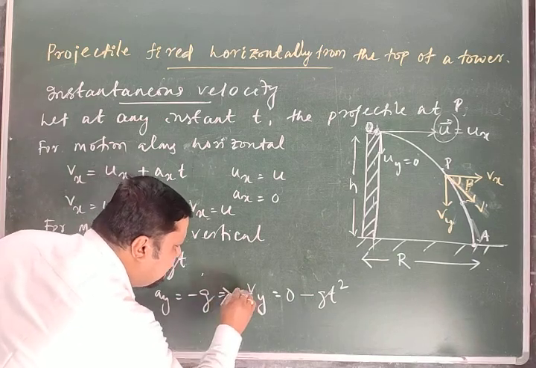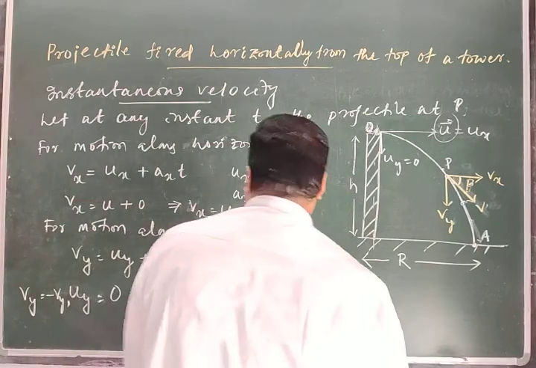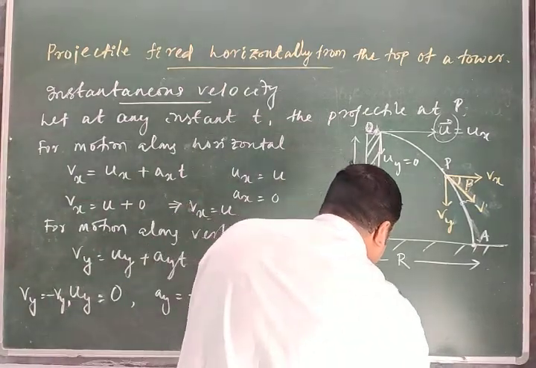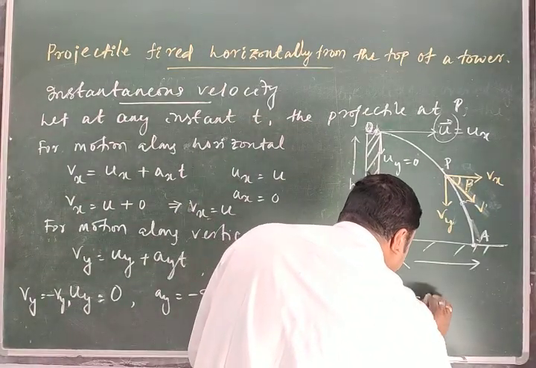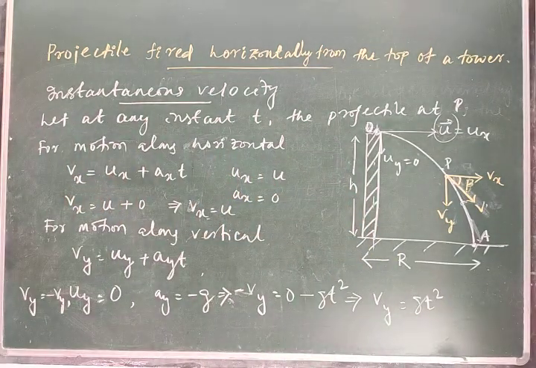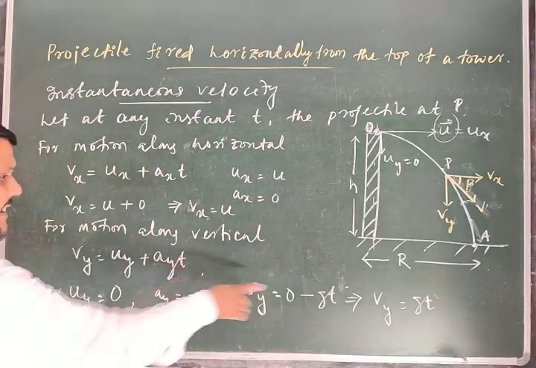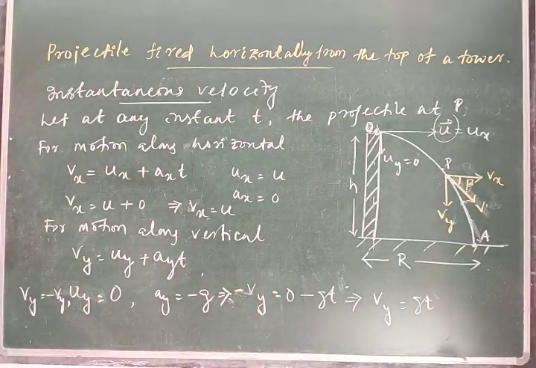This implies minus vy is equal to minus gt, so this implies vy is equal to gt. So we got this vx and vy: vx is equal to u, vy is equal to gt. Sorry, not gt square, just gt.